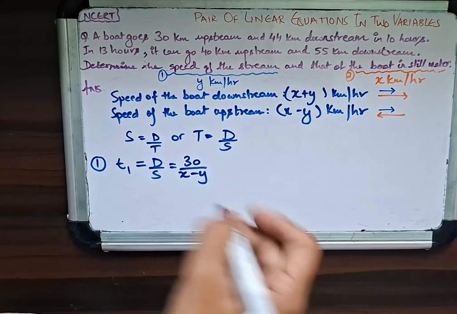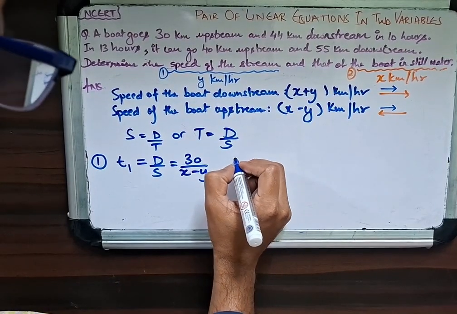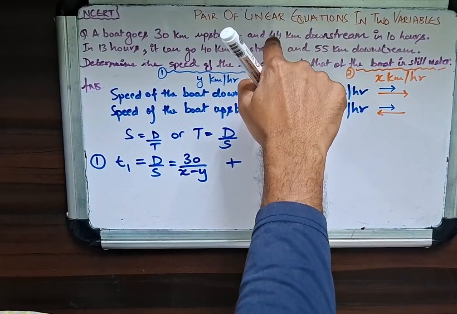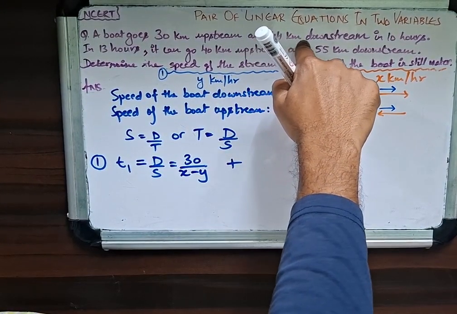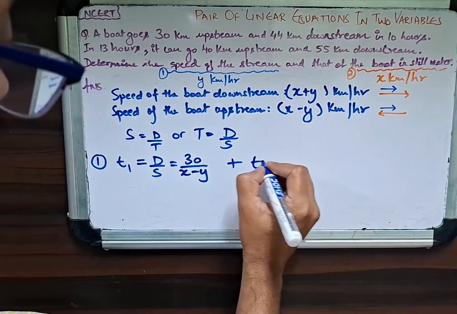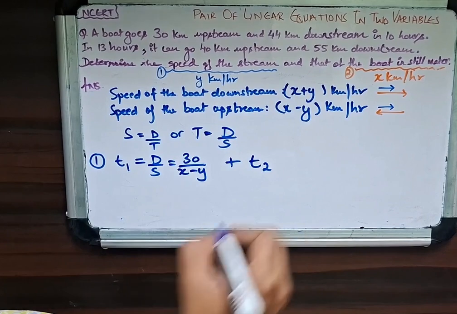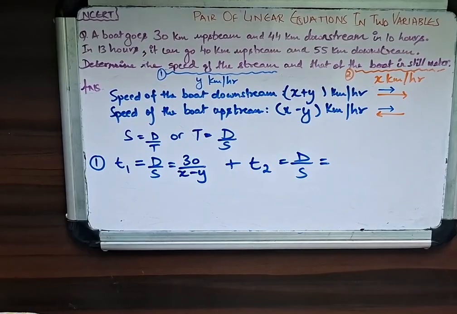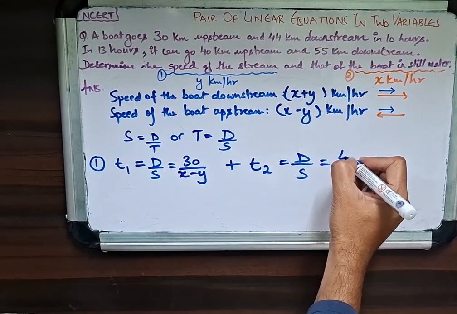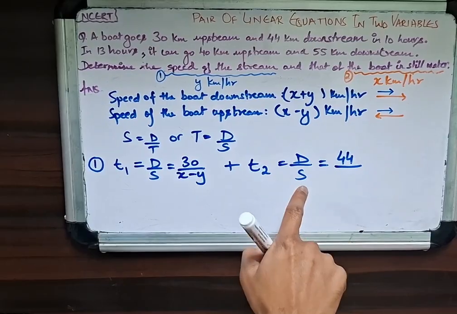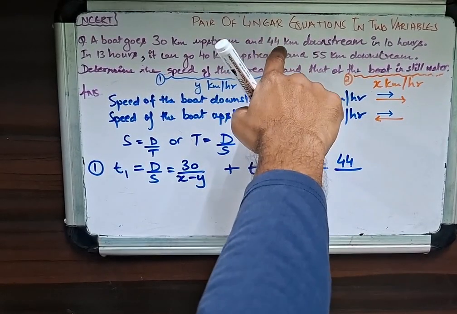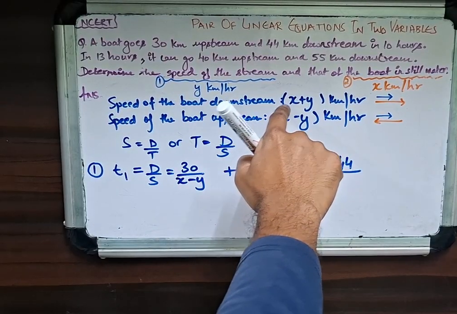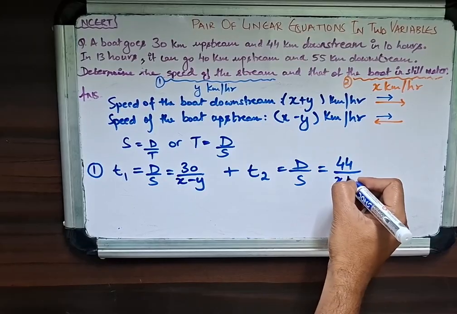This is the first part of our equation. Then, plus, let us denote the time taken by the boat to travel 44 kilometers downstream by T2. So T2 is equal to distance upon speed, which is 44 kilometers, and the speed of the boat downstream is x plus y.